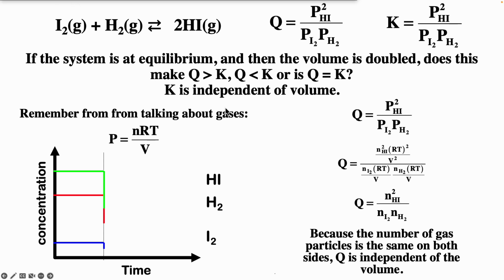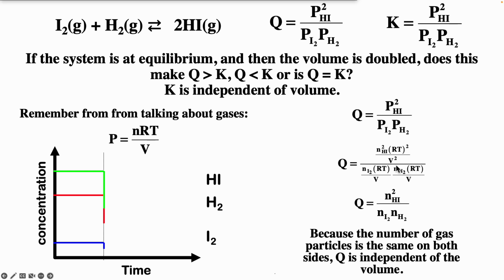And so if we're not sure about that, we can do a little math. Q is the partial pressure of H2 squared divided by the partial pressure of I2 times the partial pressure of H2. Now PV equals nRT, so P equals nRT over V. So we can plug this in for our P's.